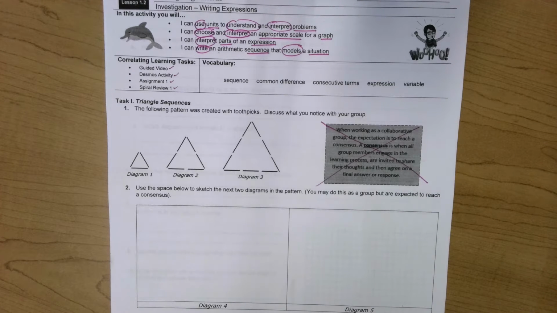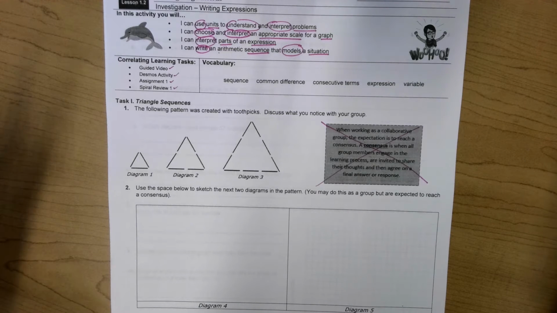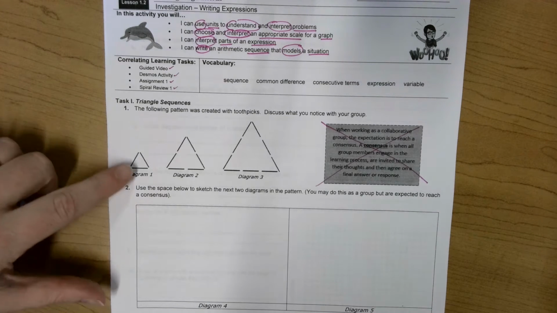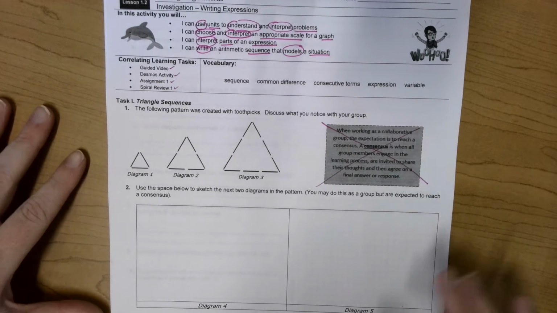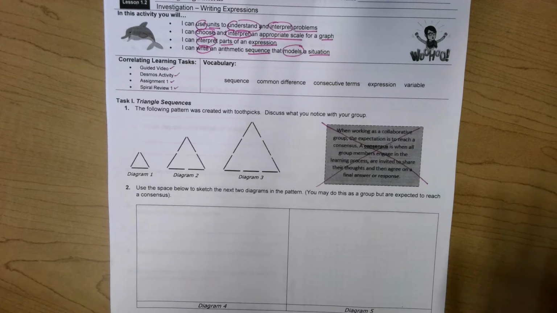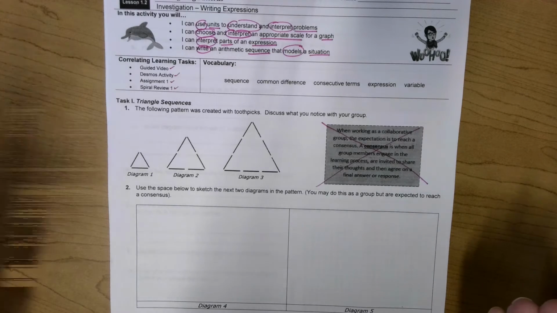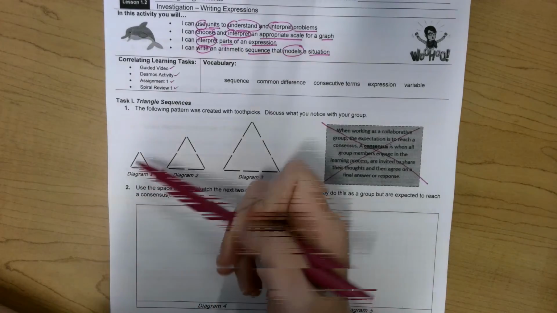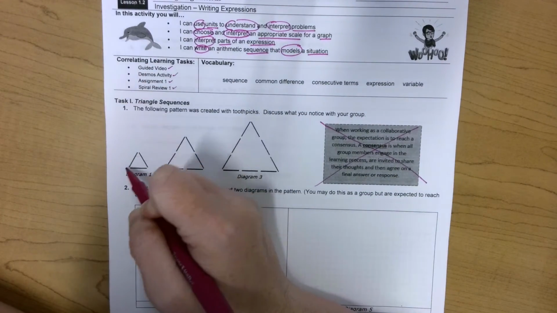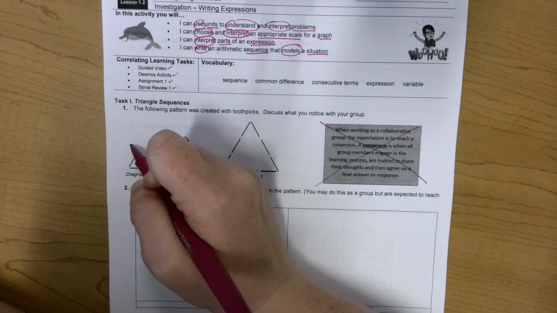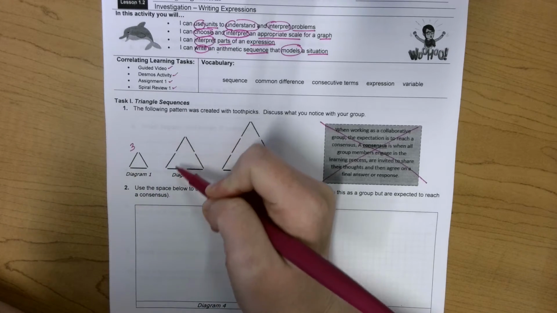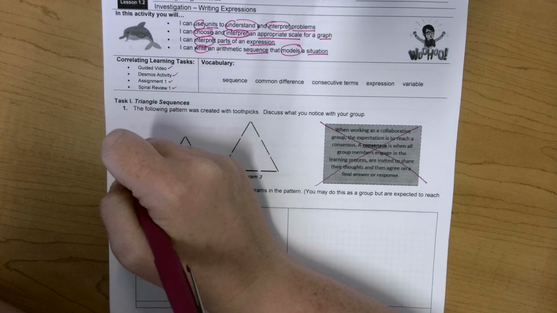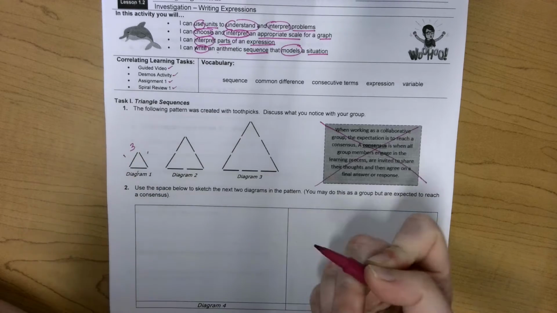So task number 1, we're going to be looking at sequences made out of toothpicks or triangles. Number 1, the following pattern was created with toothpicks. Discuss what you notice with your group. We don't have groups, but we can discuss what we notice right here. In diagram 1, we have a triangle shape made with 3 toothpicks, 1 toothpick on each side.